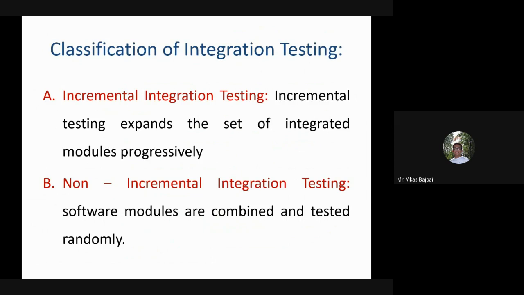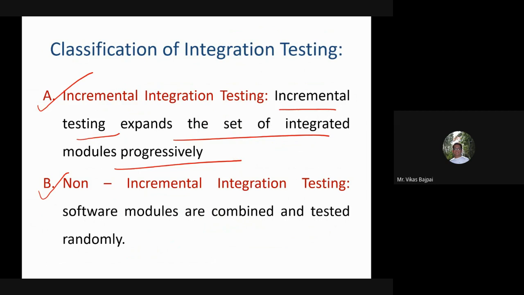Now, this is the classification of integration testing. We can go ahead with incremental integration testing, or with non-incremental integration testing. Incremental integration testing expands the set of integrated modules progressively, one by one.